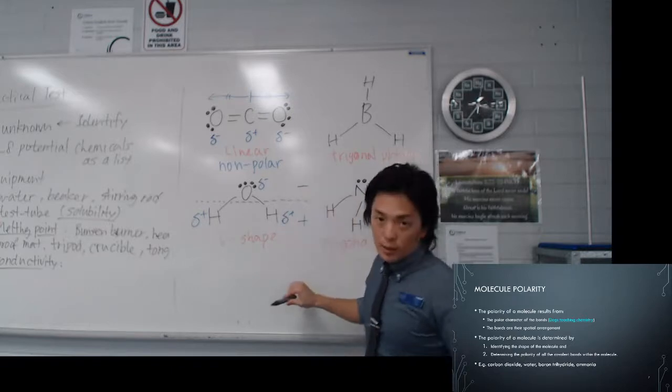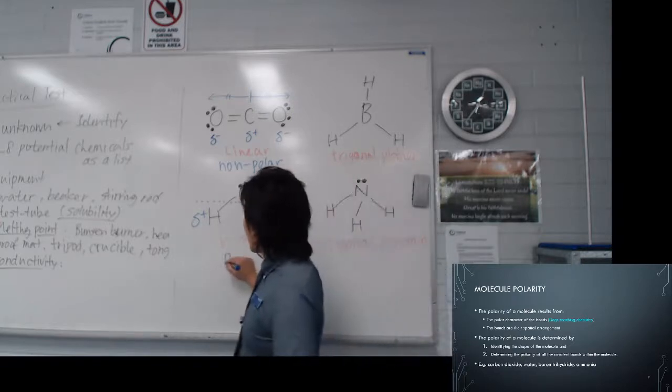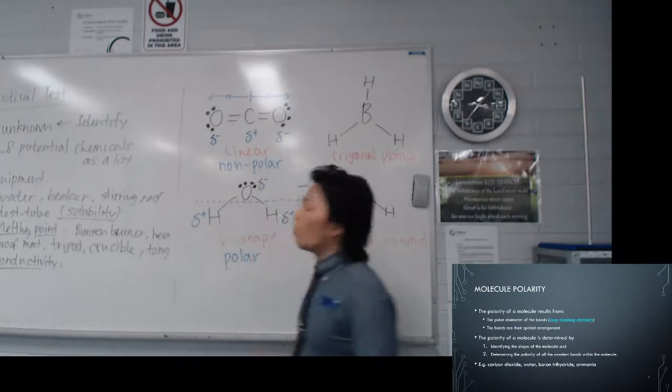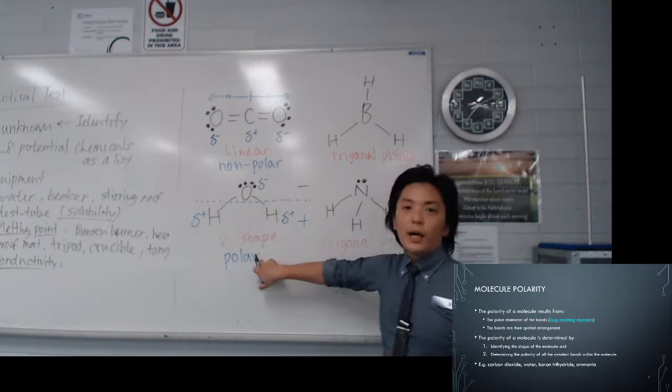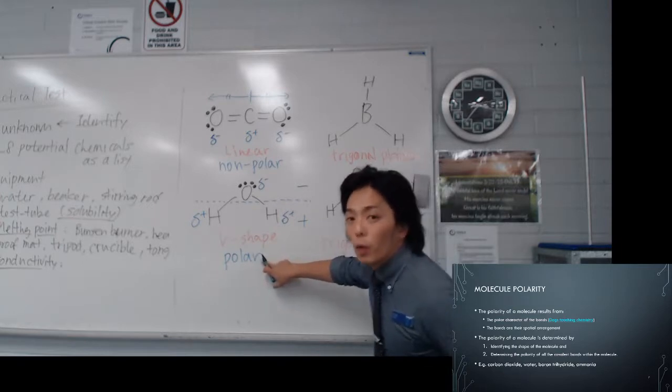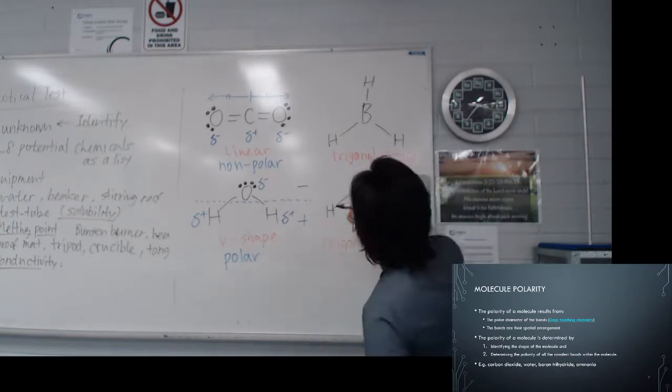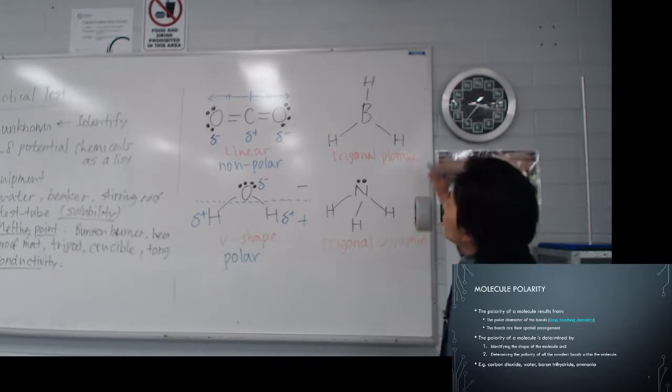Because there's an imbalance overall, it is a polar molecule. Okay? This is showing the bonds. This polar is referring to the polarity of the molecule. The molecule is polar. How about trigonal planar?